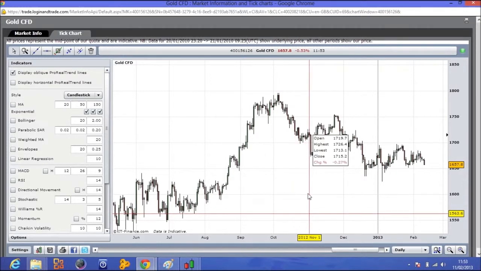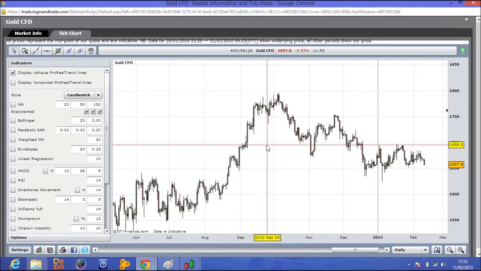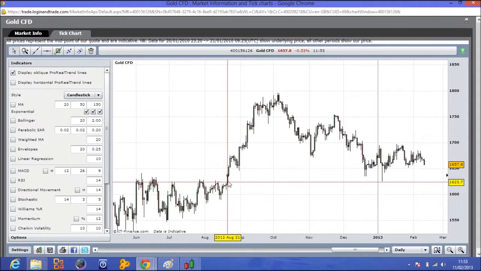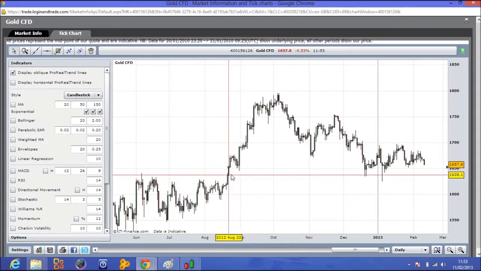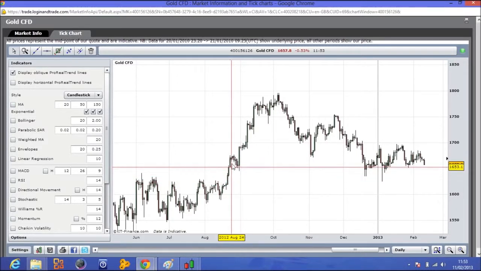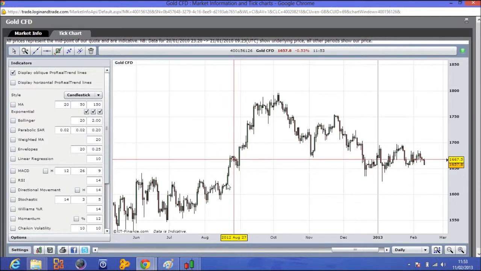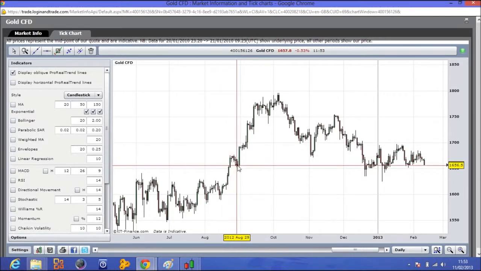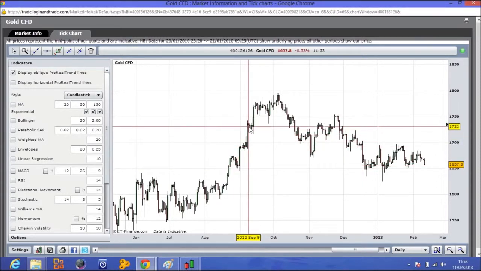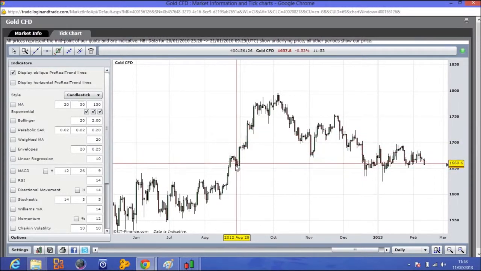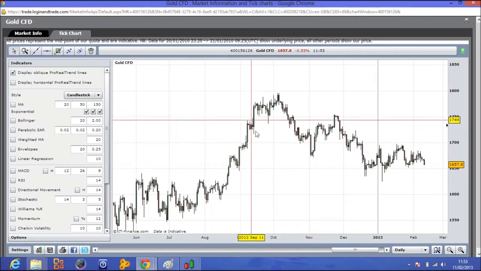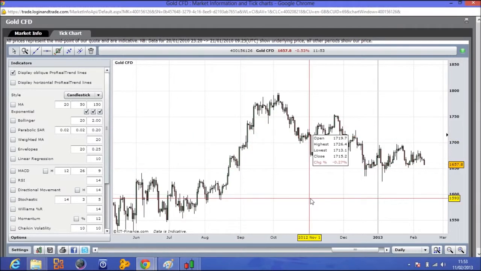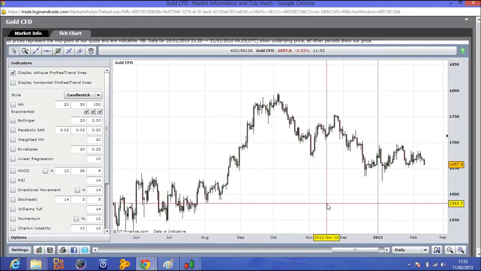Like the pattern that I'm just about to show you here, you can see that each little candle is going up and then it comes back down. That's forming like a star constellation. That is forming a pattern that a trader would recognize. That is a continuation pattern. That's exactly what happened. The price went up afterwards. So stay tuned and we'll teach you a little bit more about these patterns.